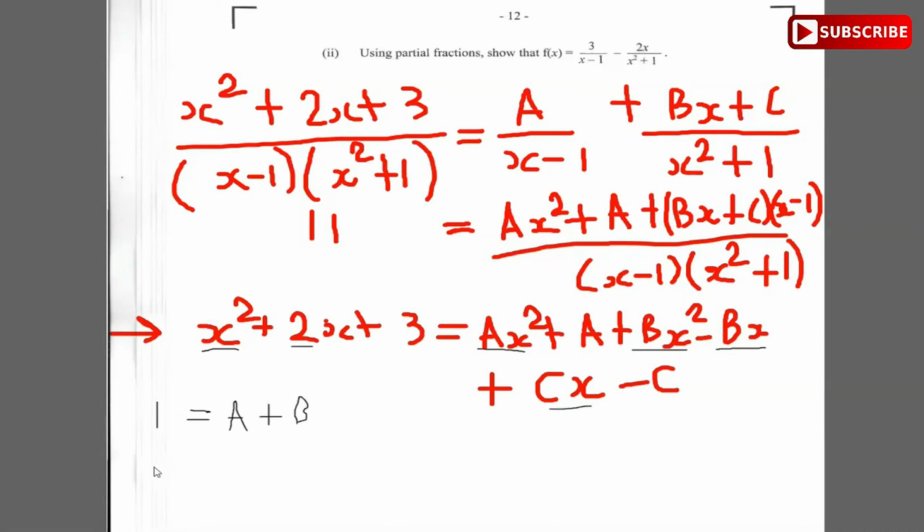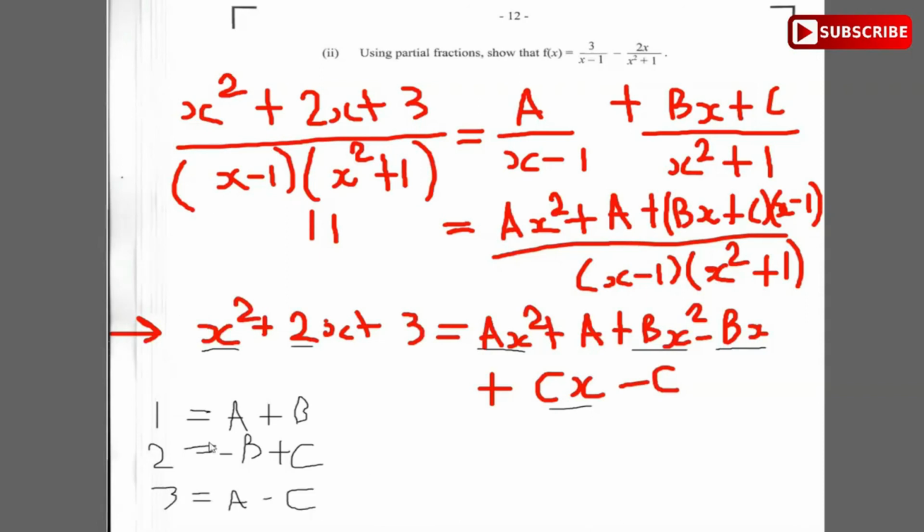So we can write it as 2 is equal to minus b plus c. And then we have 3 is equal to a minus c. All right, nice and easy.